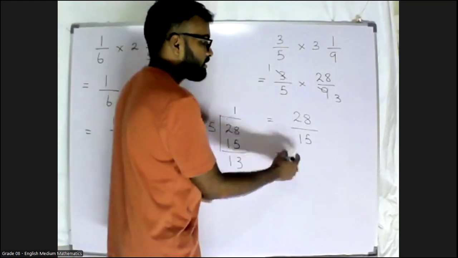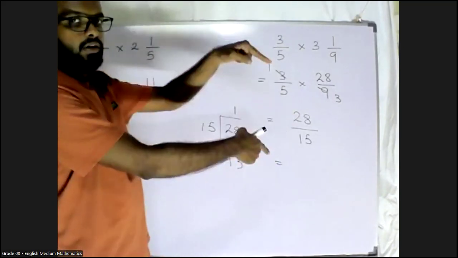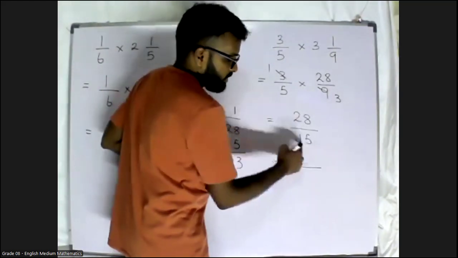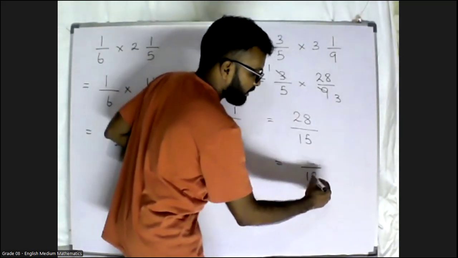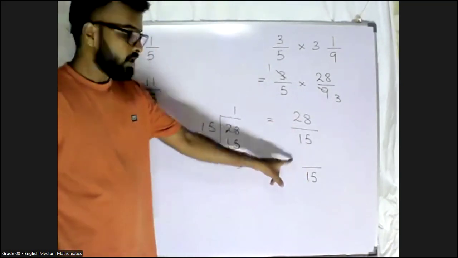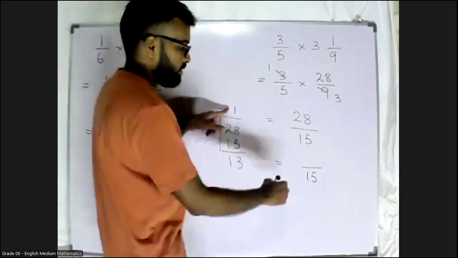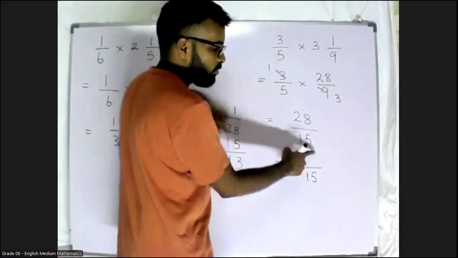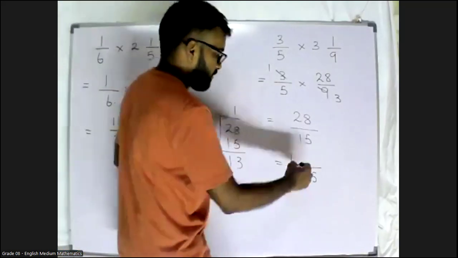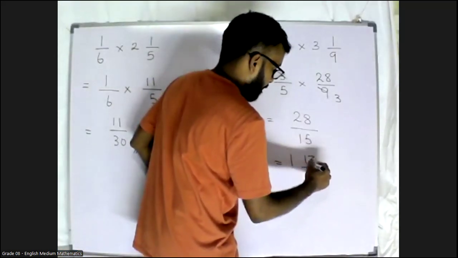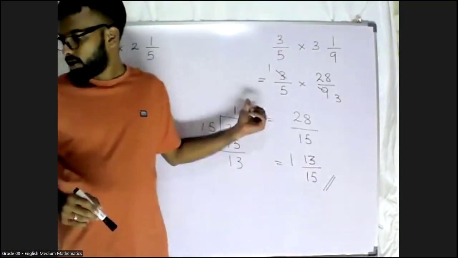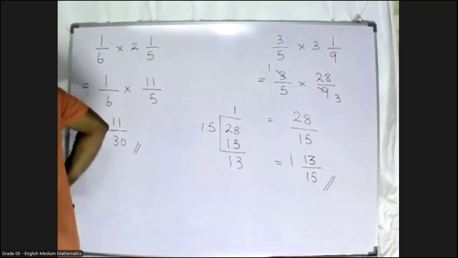So you can convert this improper fraction into a mixed number. My denominator is 15. It doesn't change. It is the same as the previous way. And what is the whole number part? It is 1. And how do you fill this numerator? It is your remainder. So these are the two answers over there.